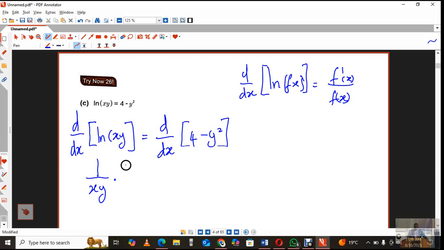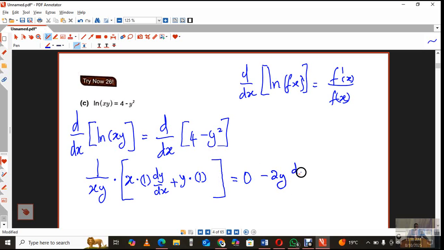If I multiply with the derivative of xy, I need to apply the product rule there. Okay, so that means keep the first times the derivative of the second, dy dx, plus the second times the derivative of the first. Okay, and this should equal to, well, the derivative of 4 is just 0, and minus 2y, and then attach dy dx.